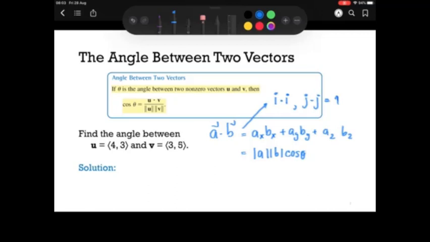So let's say we have u equal to (4, t) and v equal to (t, 5). So u dot v will be equal to 4 multiplied by 3 plus t multiplied by 5, which is 12 plus 15, so it is 27.